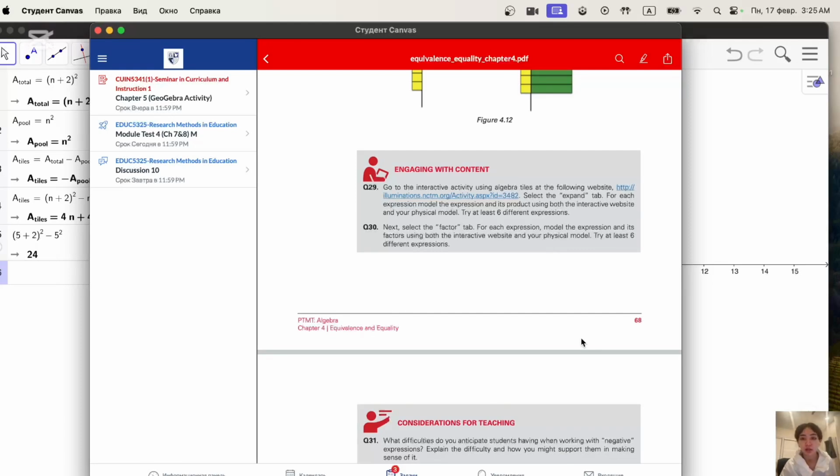Question number 29. We need to solve 6 different expressions.